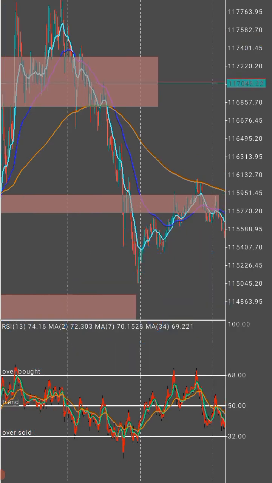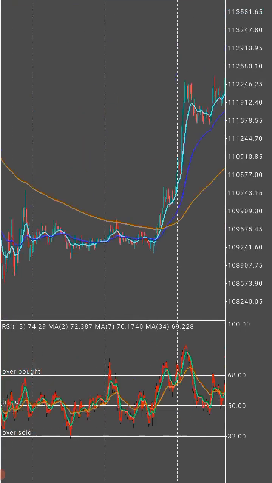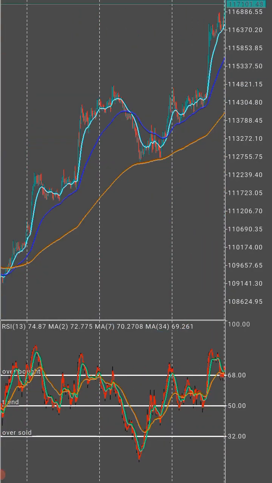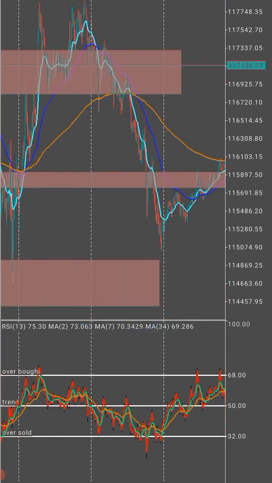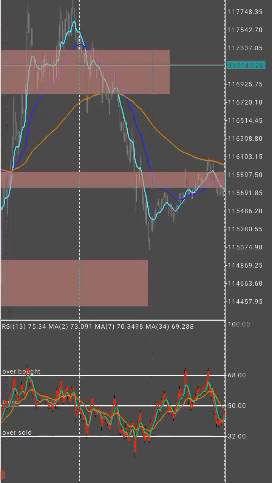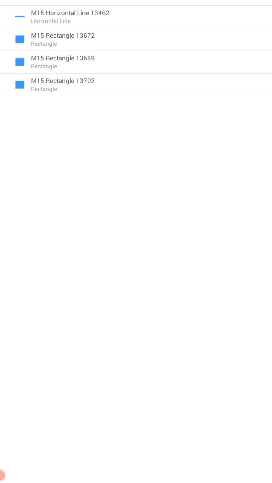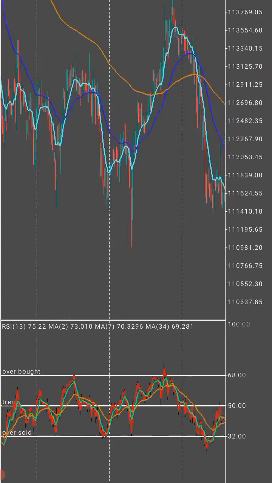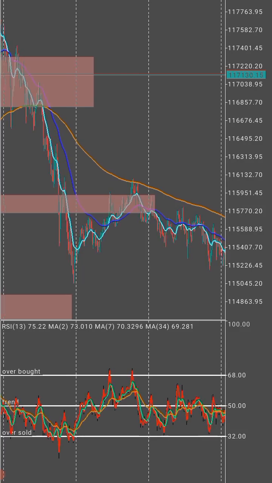Your previous support. Or rather, let me just put this instead of drawing it horizontal. Now look at it, you can imagine this is the previous one.